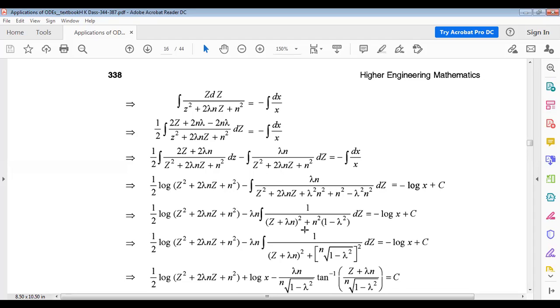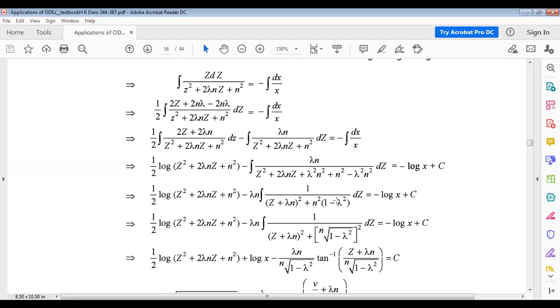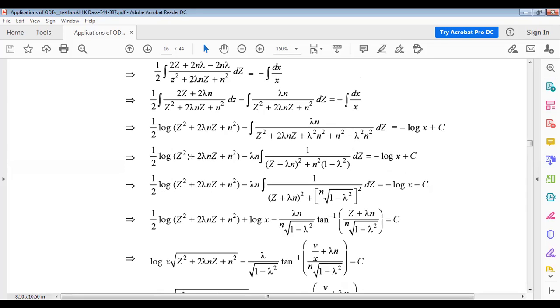To take this integration, minus 1 by x gives the formula log x, so minus log x plus c. So half log of this, minus lambda n times the integral of 1 by x square plus a square, where a means n root over 1 minus lambda square, whole square.